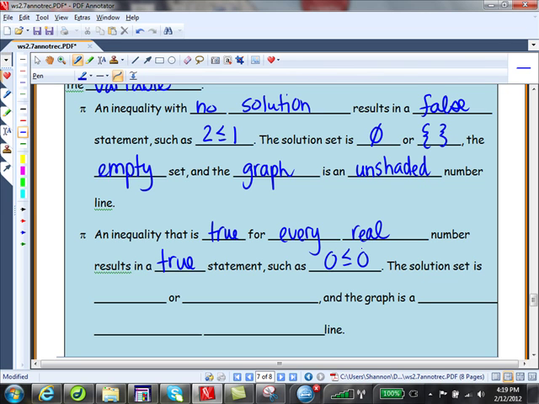The solution set is minus infinity to infinity, or x, such that x is a real number, and the graph is a fully shaded number line, because everything works.